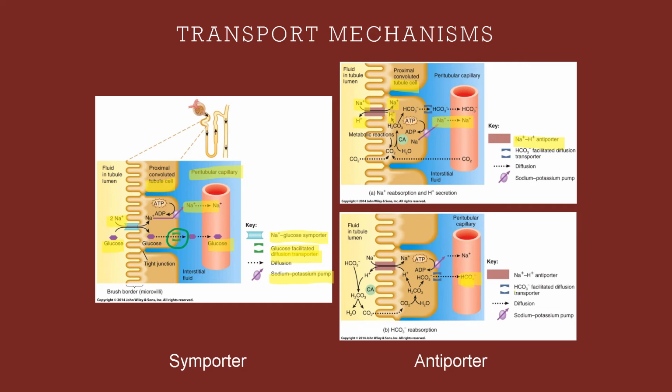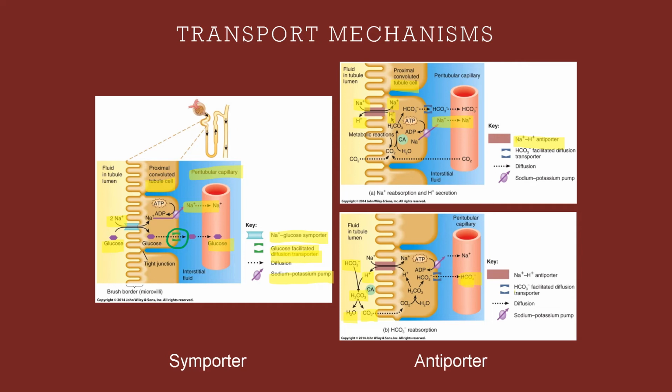So after hydrogen is secreted into the fluid within the lumen of the proximal convoluted tubule, it reacts with filtered HCO3, or bicarbonate, and it's going to form carbonic acid, H2CO3. And carbonic acid is going to readily dissociate into water and CO2.